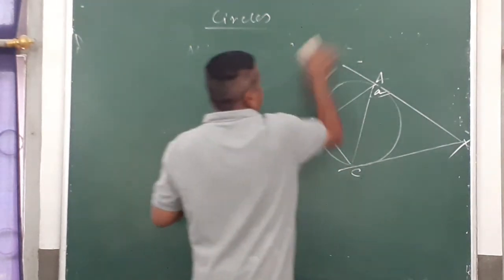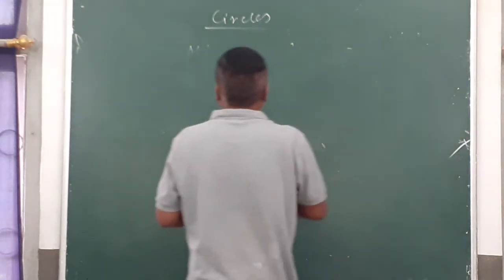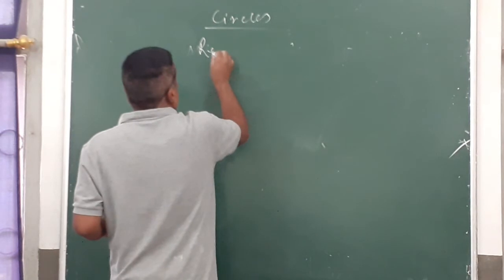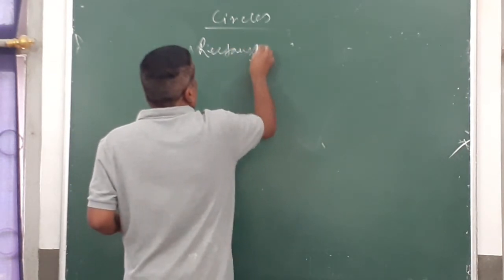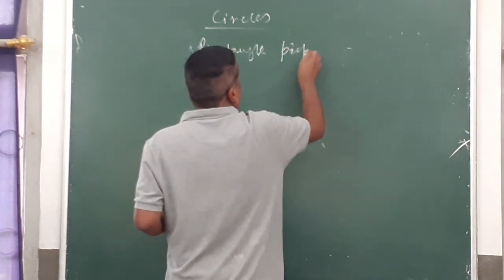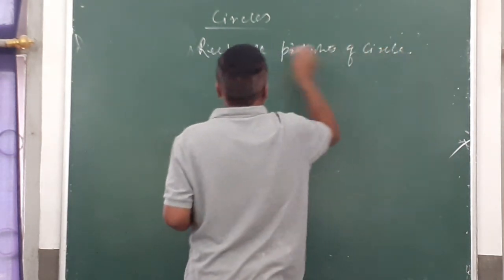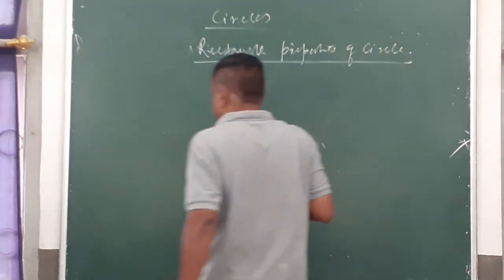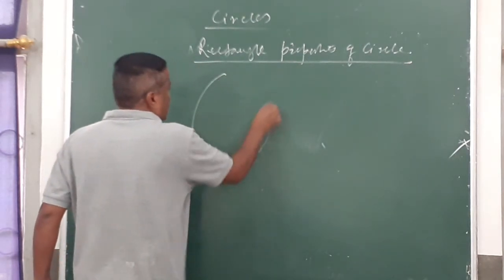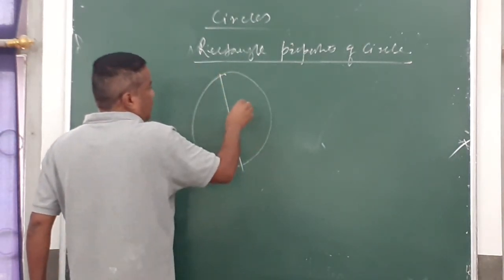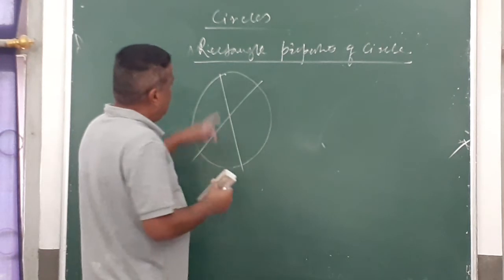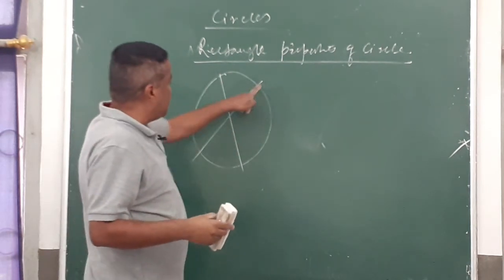Now, rectangle properties of circles. Number one, this is chord and this is also chord.